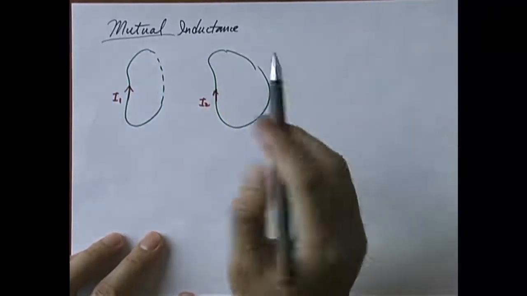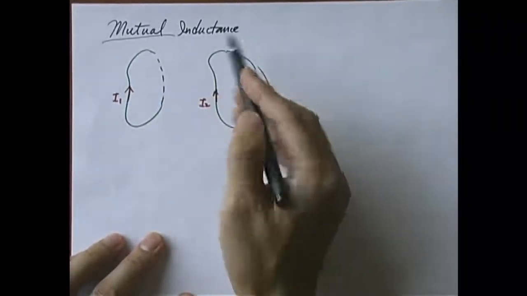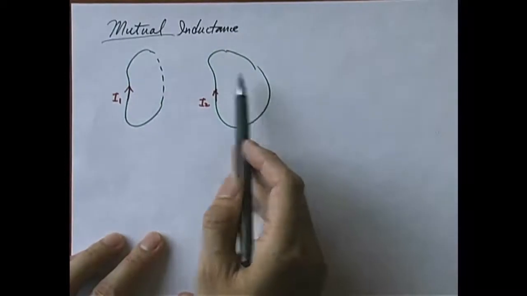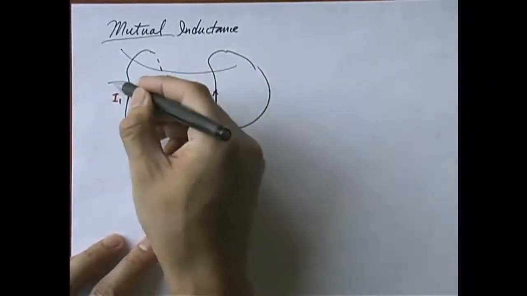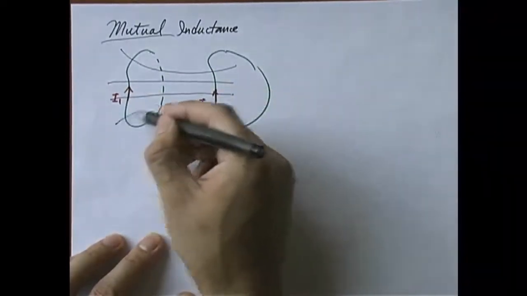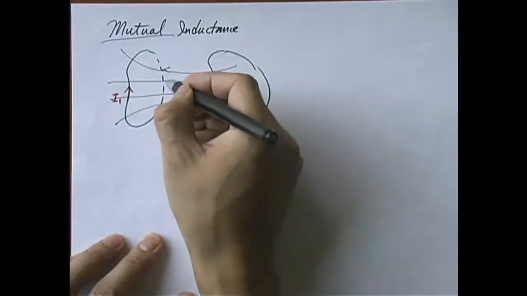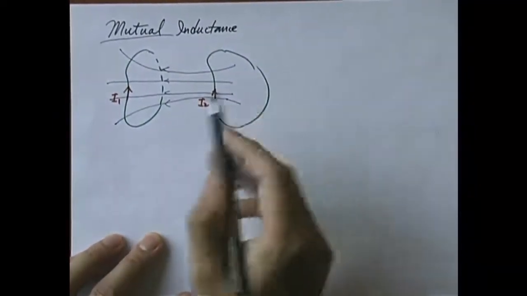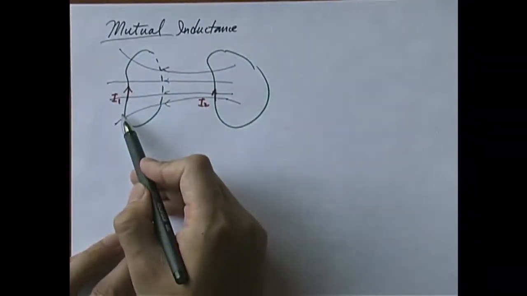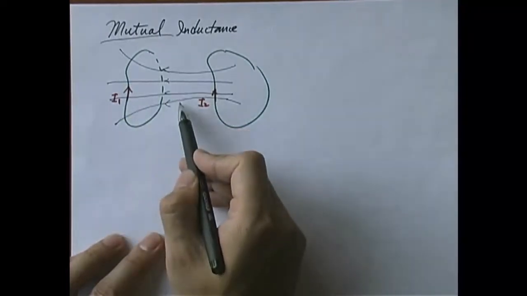Okay. Now I1 produces a magnetic field which also goes through the second loop because they're close by. Okay, so you get a magnetic flux caused by I1, which goes through both the first and the second loop, like this, right? Now, if I1 changes over time, then that magnetic flux changes.